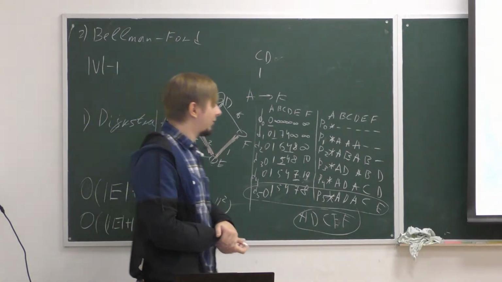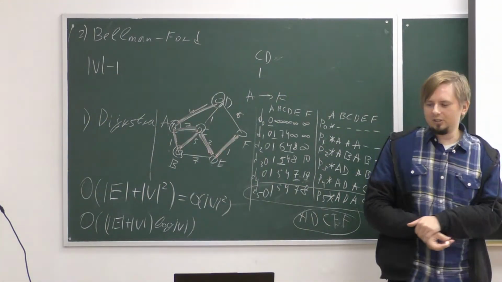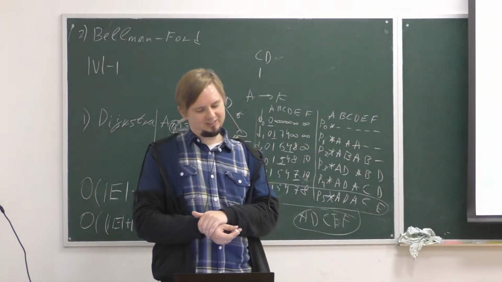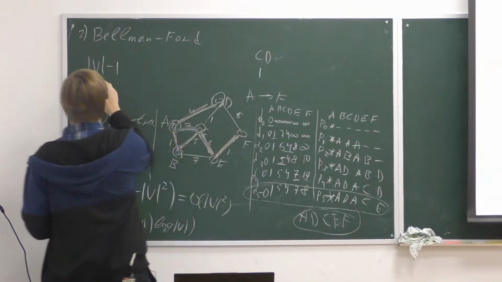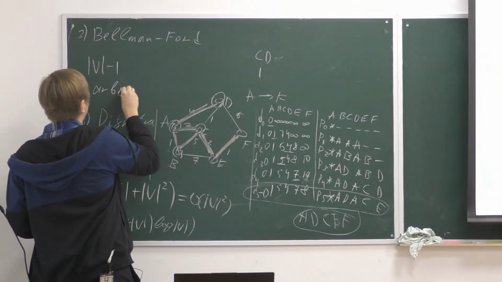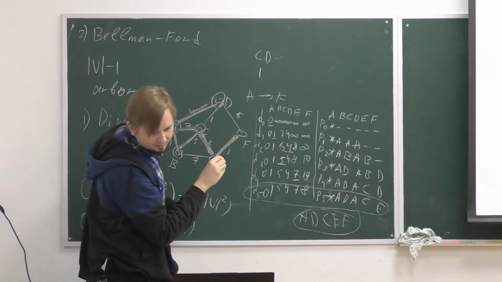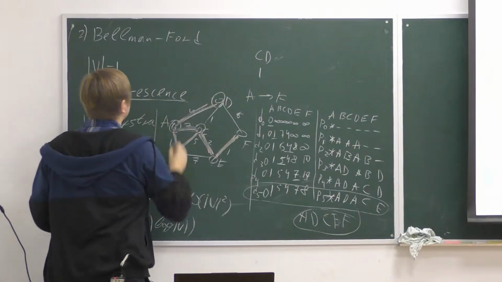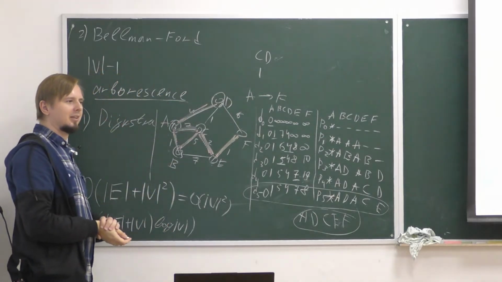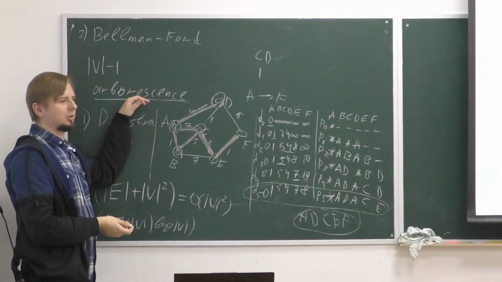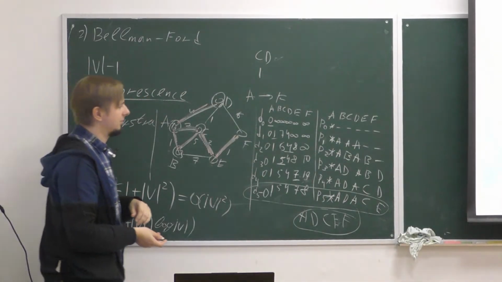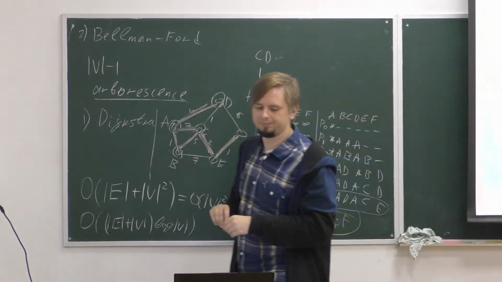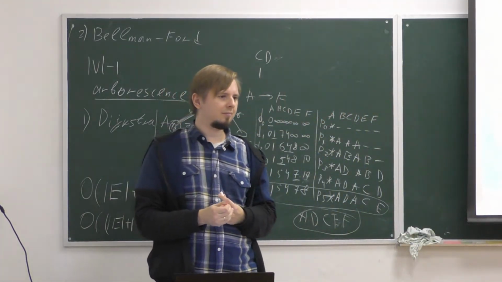In Russian we call it деревообразование. In English, it's called arborescence. Actually, the Russian word is a translation from this one, maybe not very good in Russian, but in English it's arborescence.